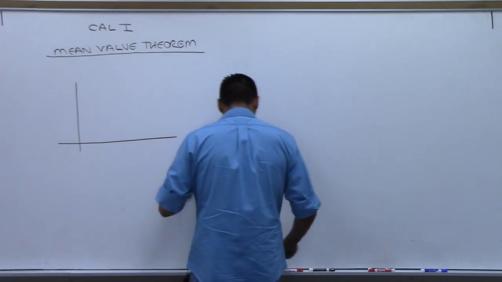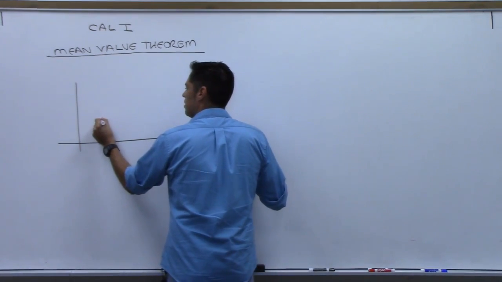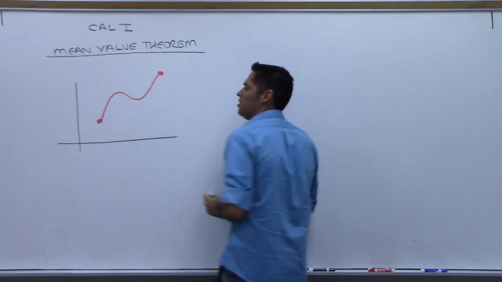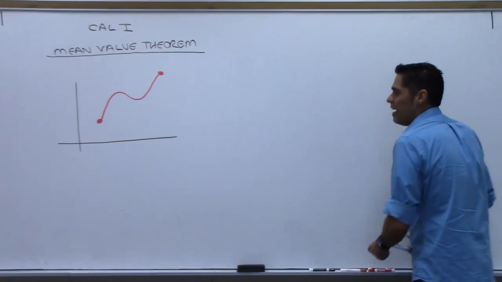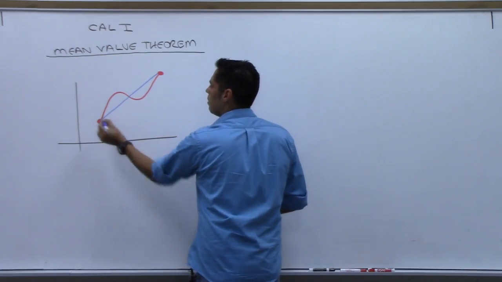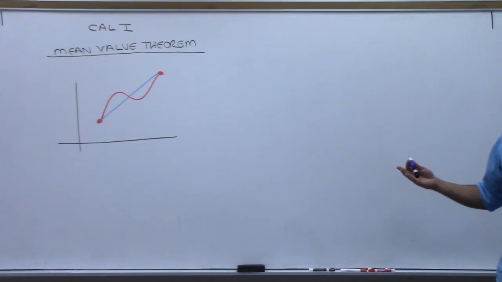If you have a nice continuous function that's differentiable, meaning you can take its derivative, then if we connect the two endpoints together with the line segment, that blue line segment has a slope to it, doesn't it?